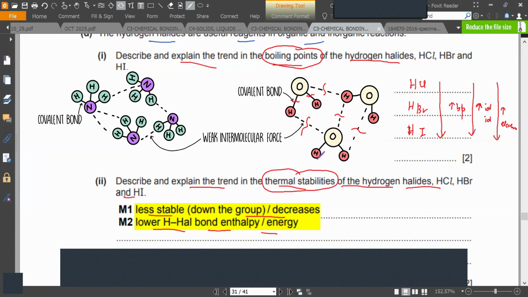For boiling point, we look at how strong the intermolecular forces are. But for thermal stability, we actually want to break this covalent bond here.